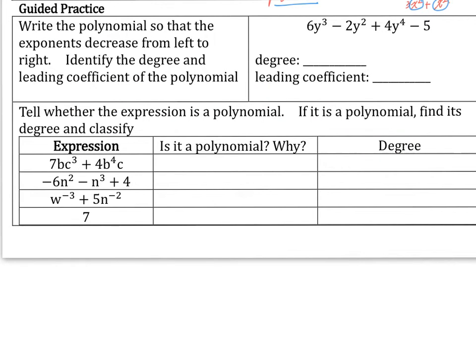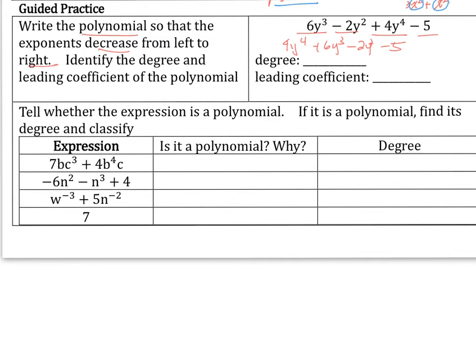Okay, let's look at some guided practice problems. Now this first one here, we are to write the polynomial so that the exponents decrease from left to right. So I'm going to take positive 4y to the 4th power, positive 6y to the 3rd power, negative 2y squared, minus 5.